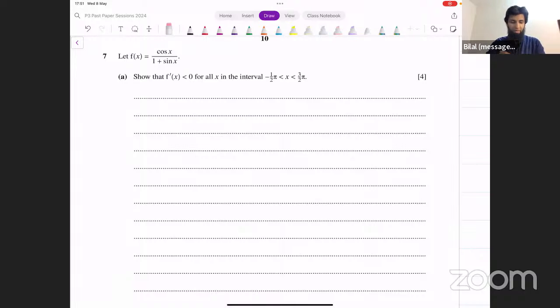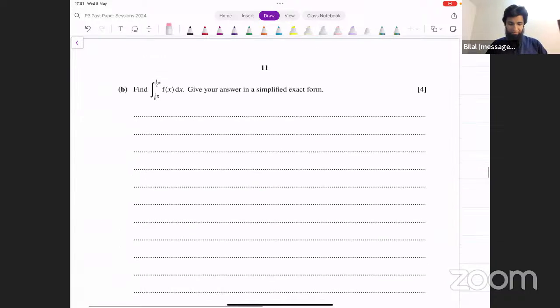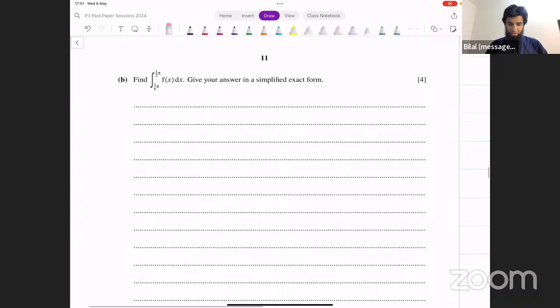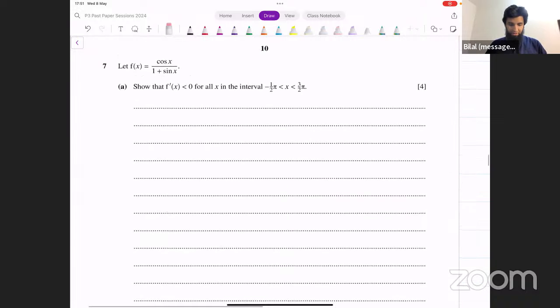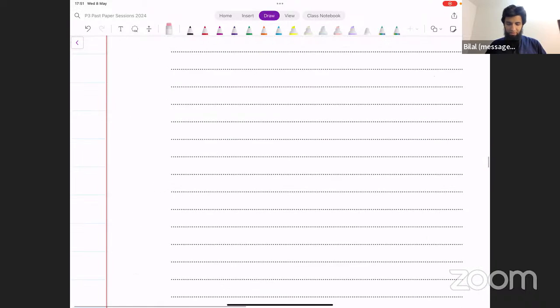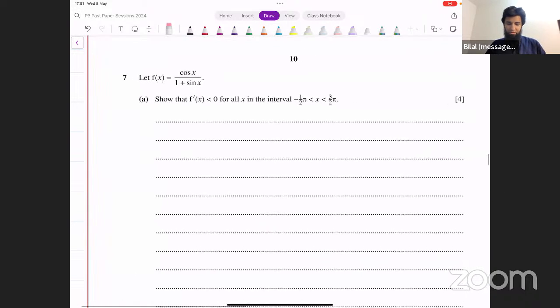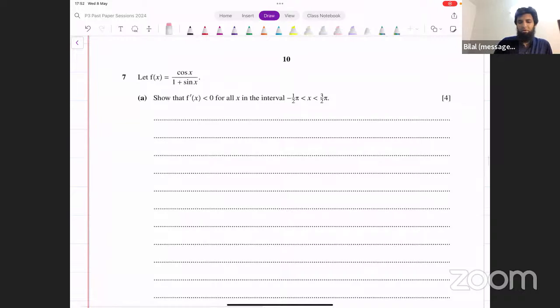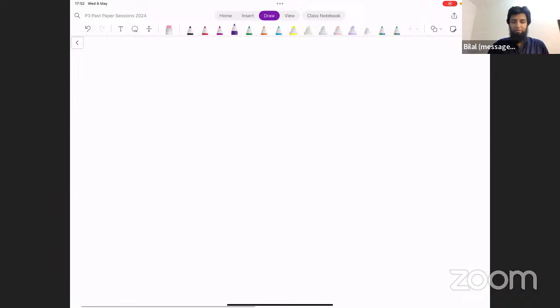Question number 8, we'll do that as well. Let's see if this is any complicated. It does not look very complicated, by the way, the second part at least. The first part is something that you will need to think about a little. So I'll do the first part, and then we'll see if we can have a quick look at the second part as well after that.